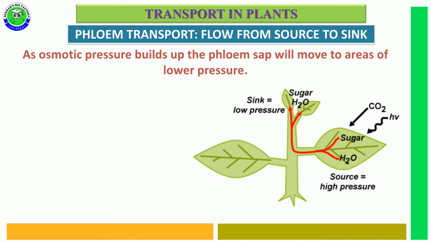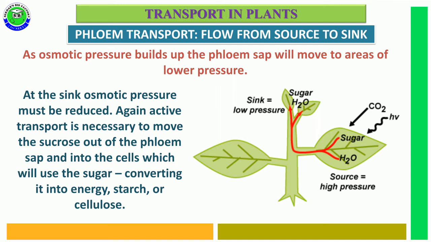sap will move to the area of low pressure. At the sink region, osmotic pressure must be reduced. So the source has high pressure, and the sink has low pressure.